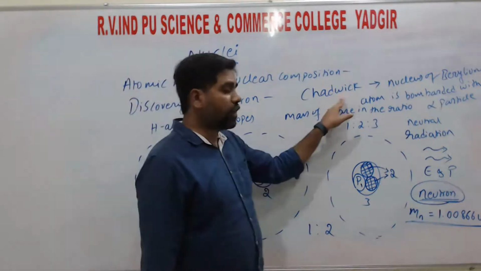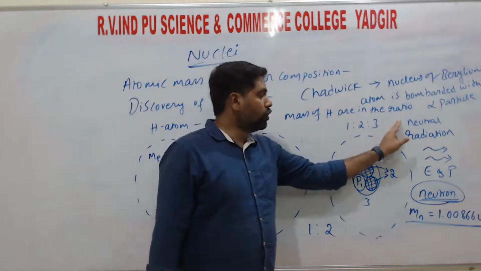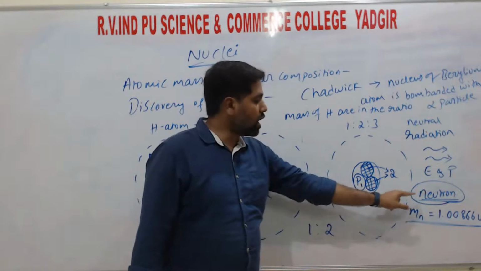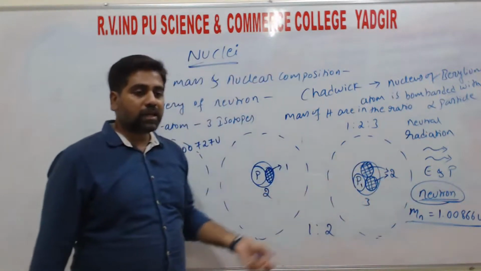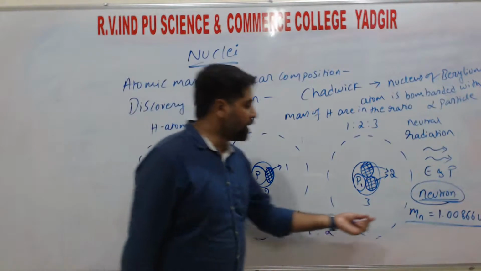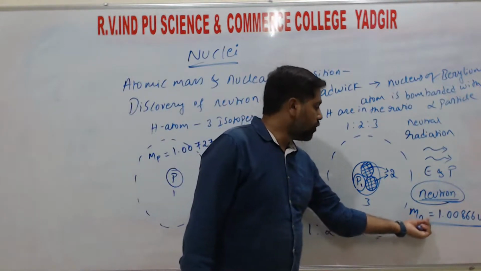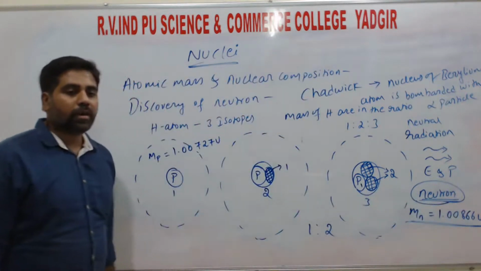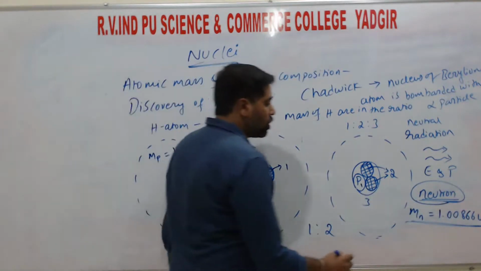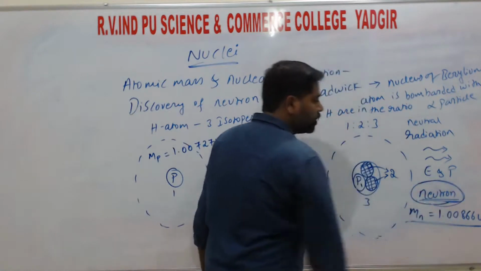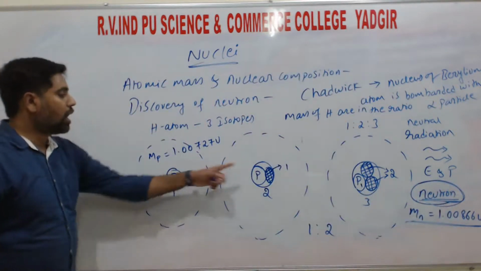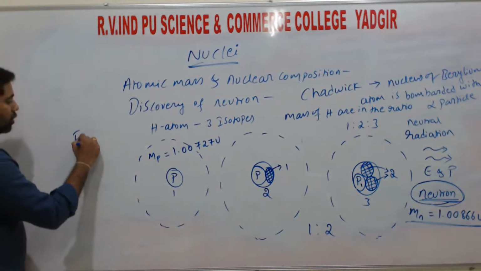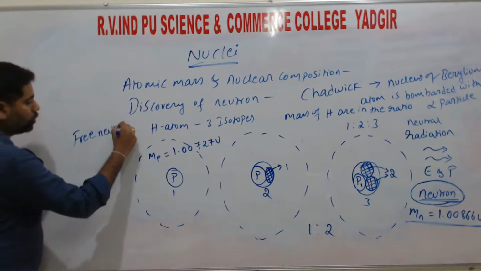So by the Chadwick experiment, neutral radiations are emitted and given the name neutron. That neutron is measured by mass spectroscopy, and we get the mass of the neutron, mn, equal to 1.00866 u, right? This is the free neutron. The neutron which is away from the nucleus, outside the nucleus, we call a free neutron.